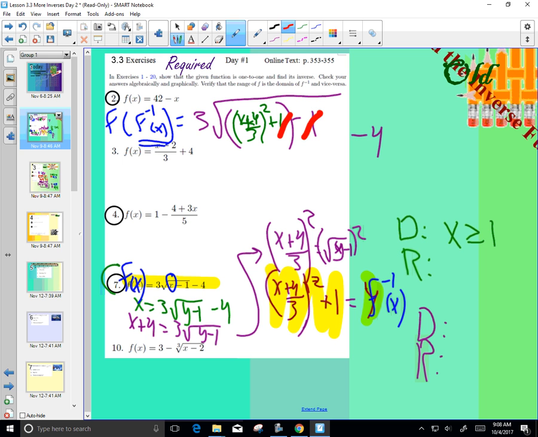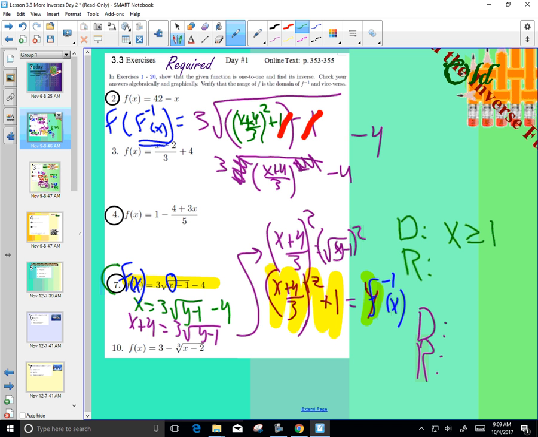Yep. So now I have 3 times the square root of (x plus 4 over 3) quantity squared minus 4. Well, what's the square root of this squared? This. Good. So I'm going to scratch this out. And what's 3 times x plus 4 over 3?